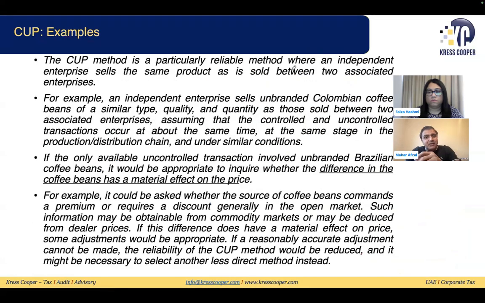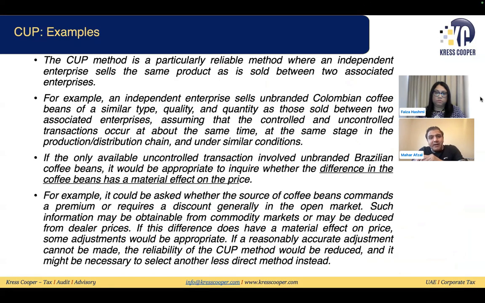This is the example, which again I have taken from the guidelines issued by the Organisation for Economic Co-operation and Development. They said an independent enterprise sells unbranded Colombian coffee beans of a similar type, quantity and quality as those sold between the two associated enterprises, assuming that the controlled and uncontrolled transactions occur at the same time.